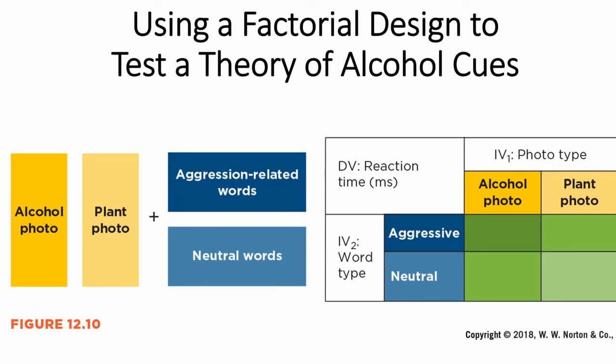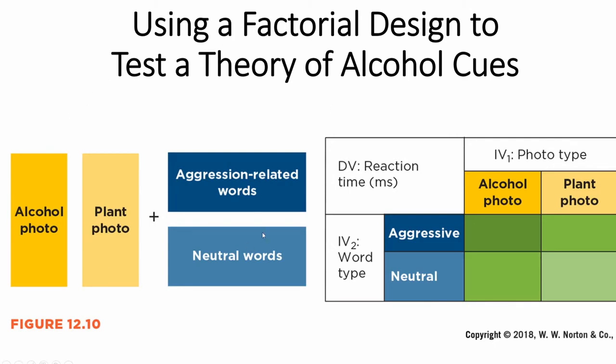The researchers hypothesized that participants would respond more quickly to identify aggression-related words. Because aggression is something we are primed to respond to quickly, we should respond to aggression words faster.